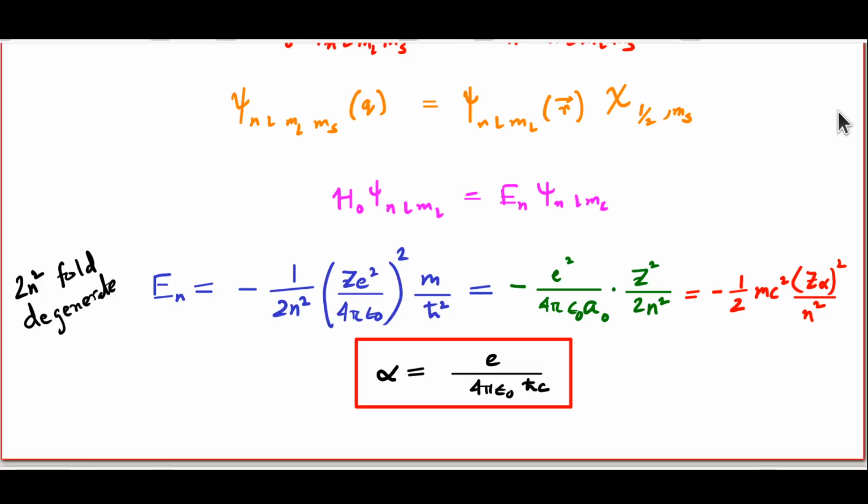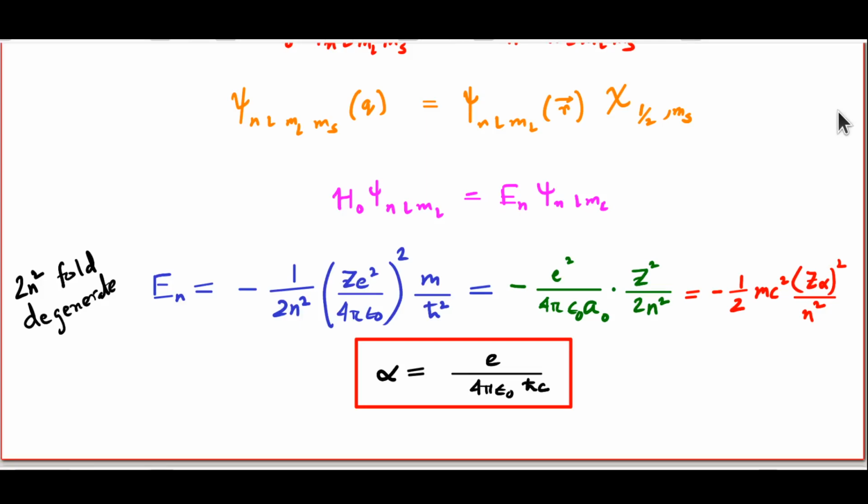The final version of the expression written in red here is actually quite interesting in its own right, because it shows how the binding energy of the electron in a hydrogen atom compares with the rest energy of the electron. It gives an idea about how important, if at all, are relativistic effects here.